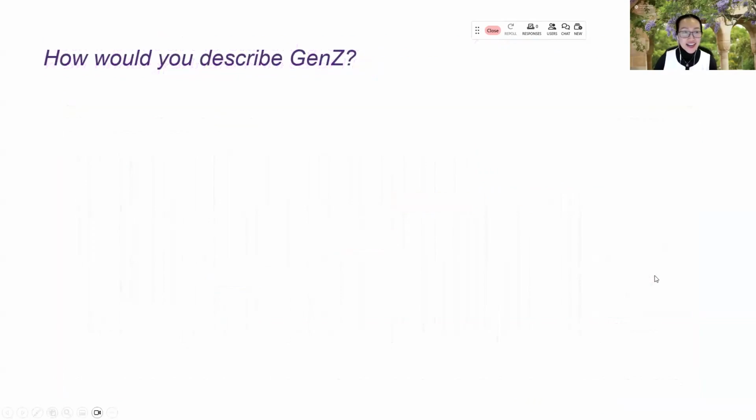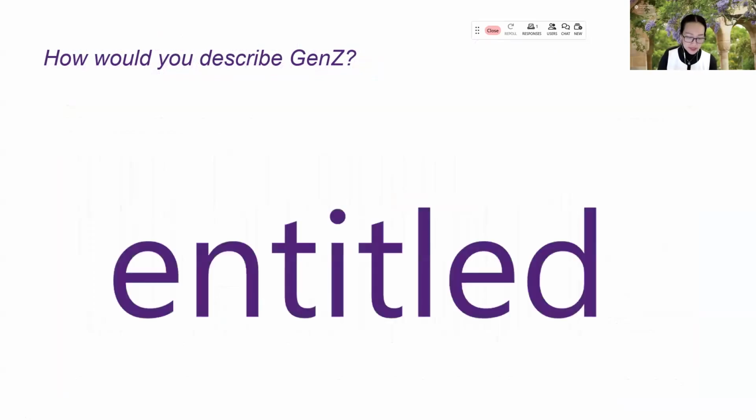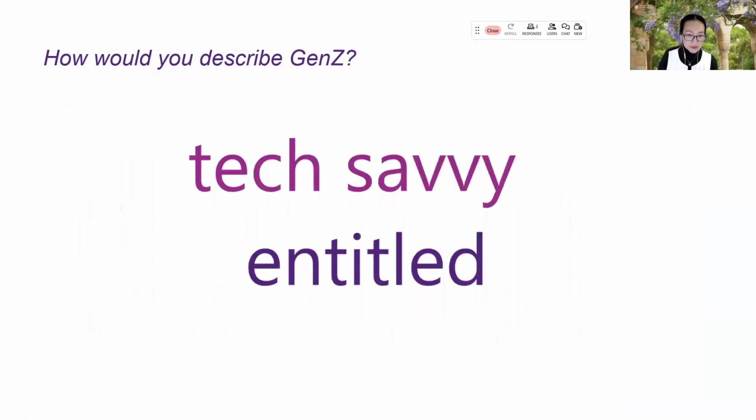The second question I have is, how would you describe Gen Z people? This one is a word cloud, where you can provide short answers. I would like you to provide a brief description about these people. Yep, entitled can be one. Yep, tech savvy can be another.